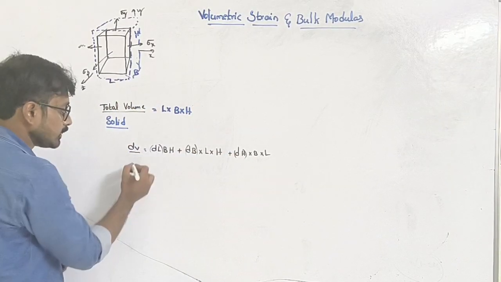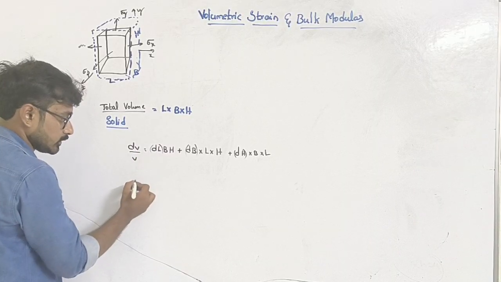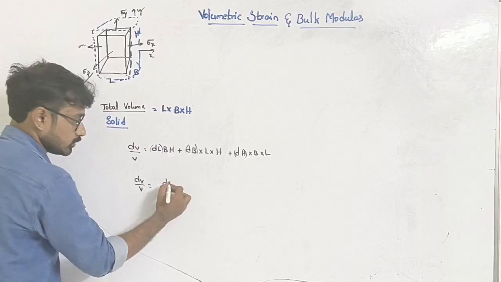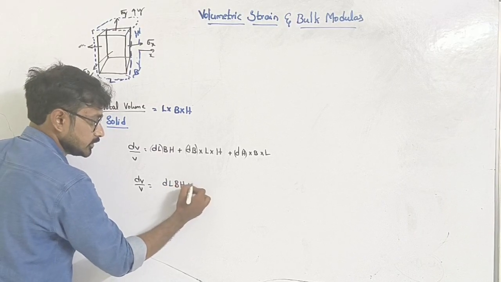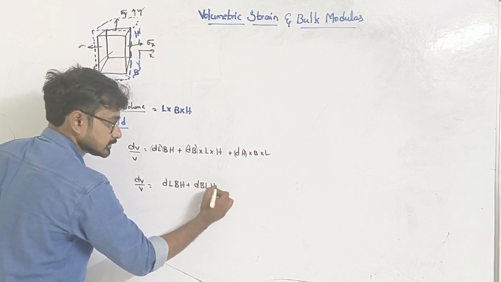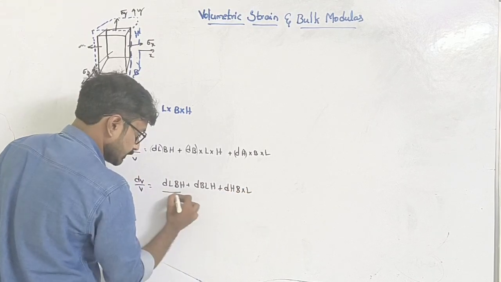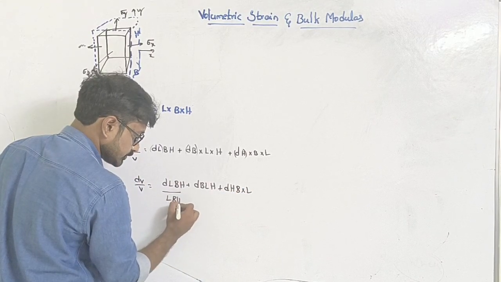Whenever we divide with the volume L into B into H, we get delta L into B into H, plus delta B into L into H, plus delta H into B into L, each divided by LBH.